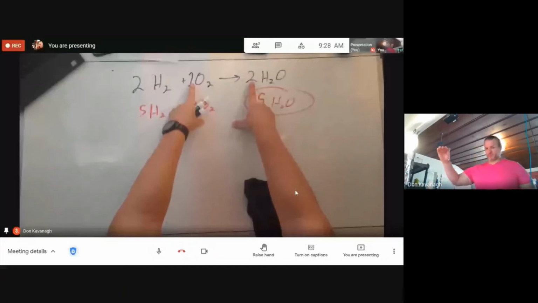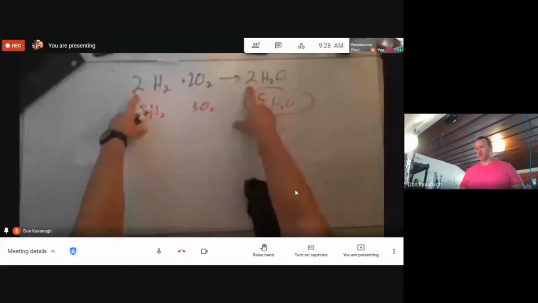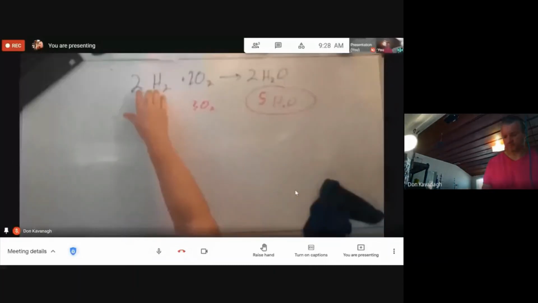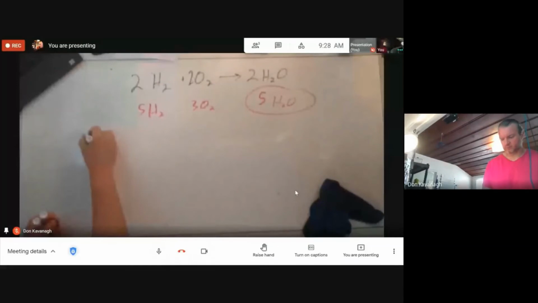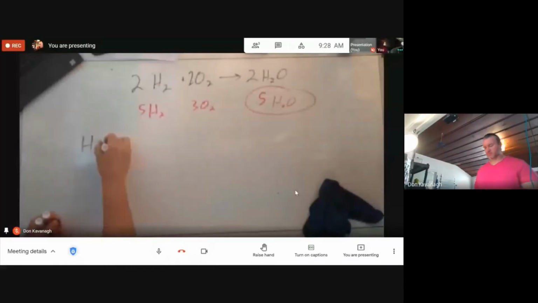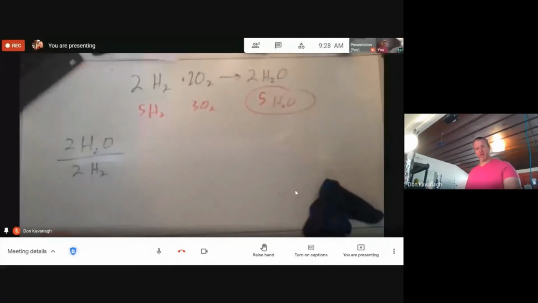This fraction here for H2 is a fraction that shows us the product, what we're looking for with respect to the reactant from the balanced chemical reaction. Note the kind of color scheme I have set up here.